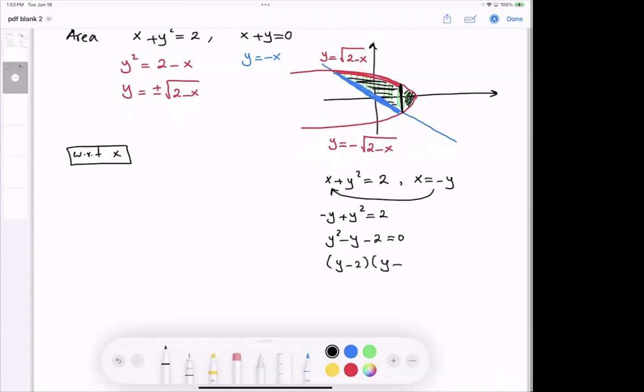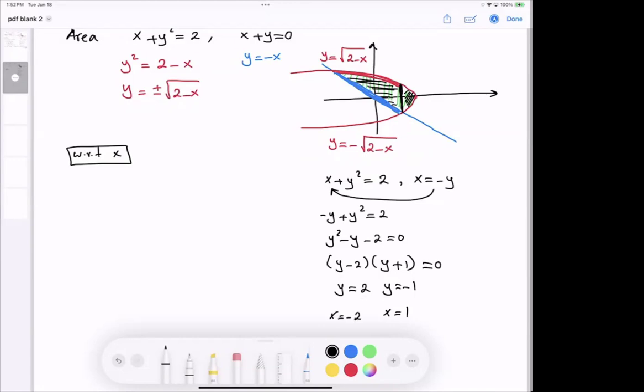If you factor it out, y minus 2 times y plus 1 is 0, so y is 2 and y is negative 1. When y is negative 1, your x is negative y, so x becomes 1. When y is 2, your x becomes negative 2.